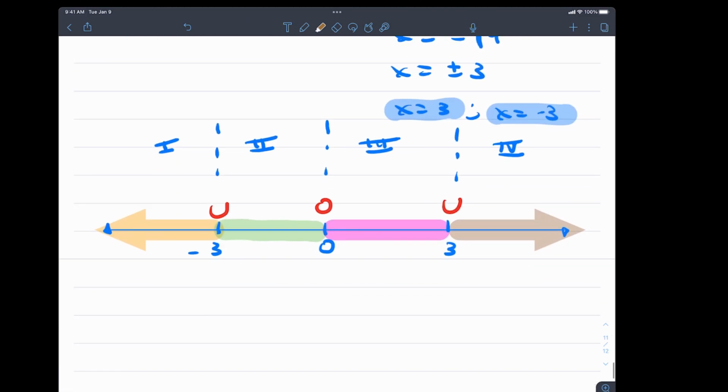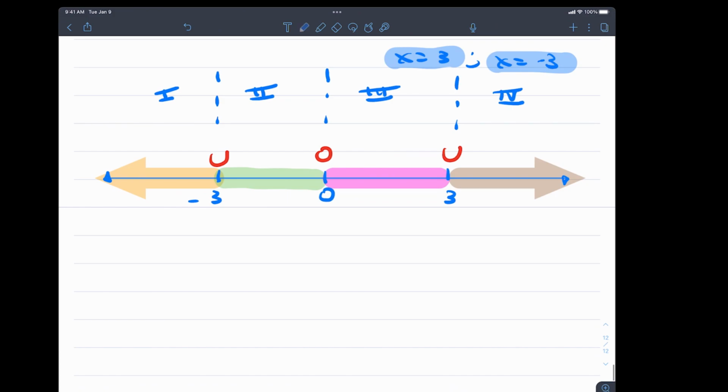Okay, so we need some test points. Is that right? Give me a number to the left of -3. What are you guys going to use? Say -5. I'll try -1, +1, +5, okay? Got the test points here.